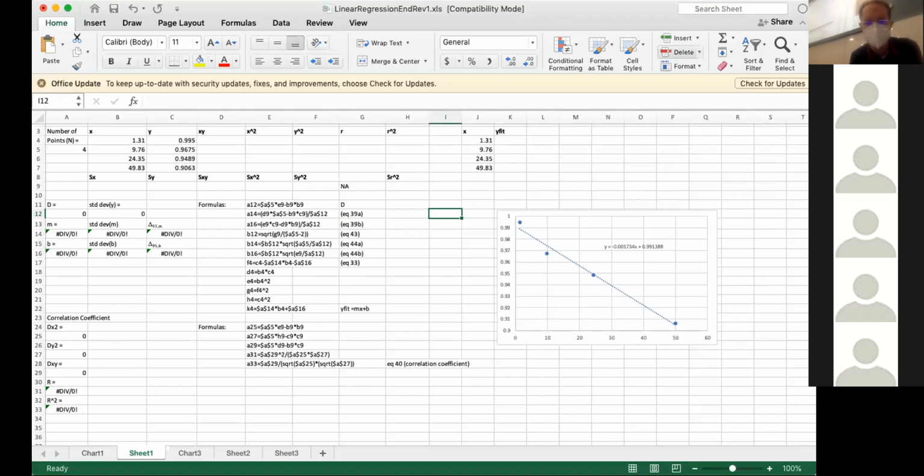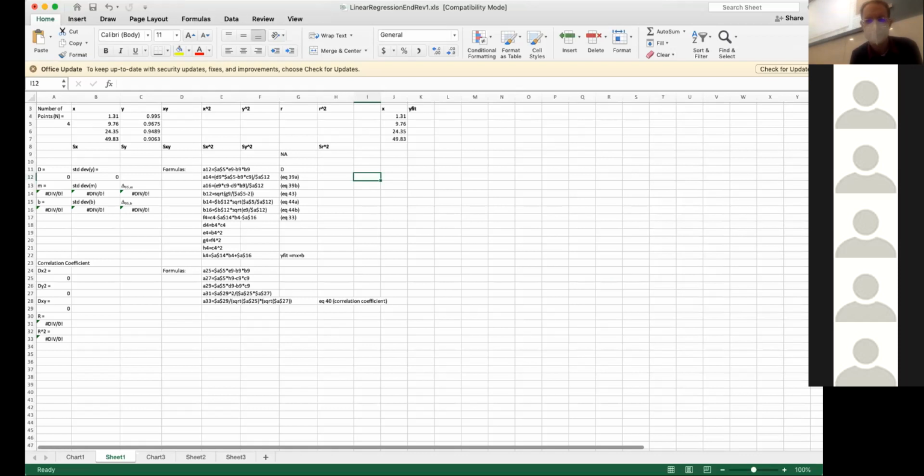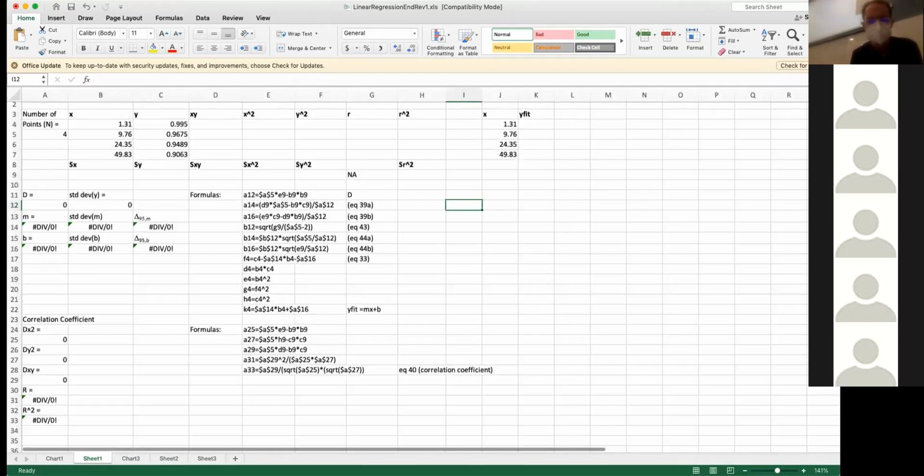So we can go to a spreadsheet. I'll make this a little bit bigger so it's easier to see.